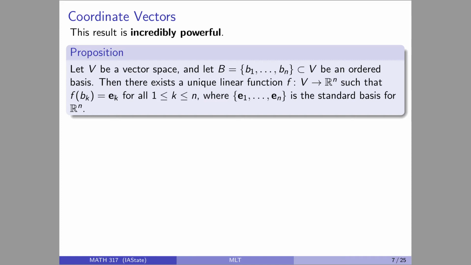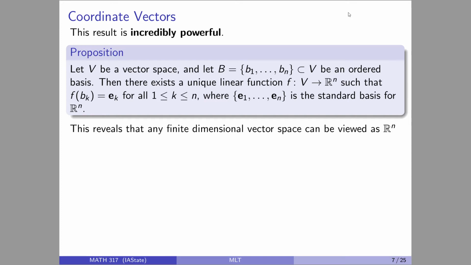So if you choose them to be the standard basis elements, note what we just did. There is a unique linear mapping that sends the basis elements of B to the standard basis elements of Rn. So in other words, we finally have formally demonstrated it. This tells me that every finite dimensional vector space literally is Rn.